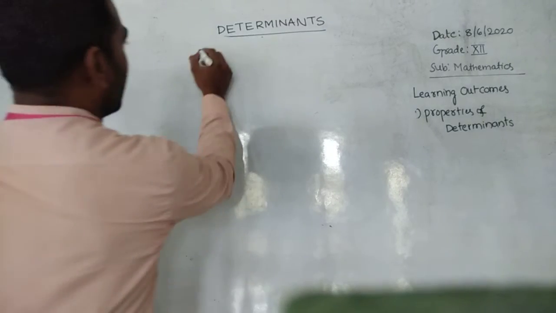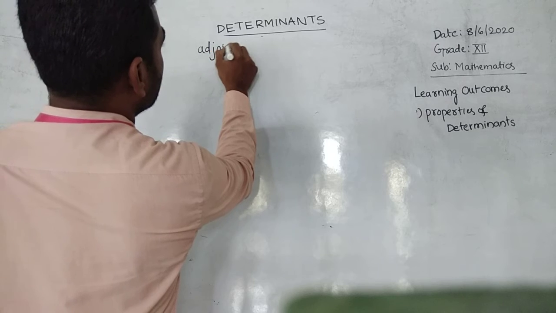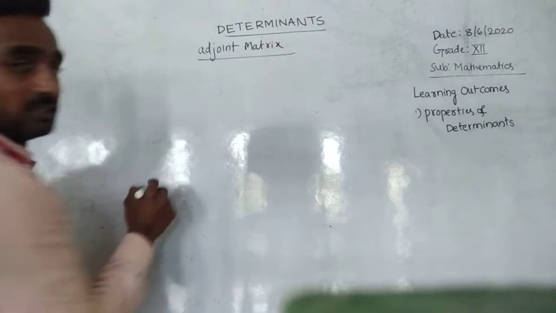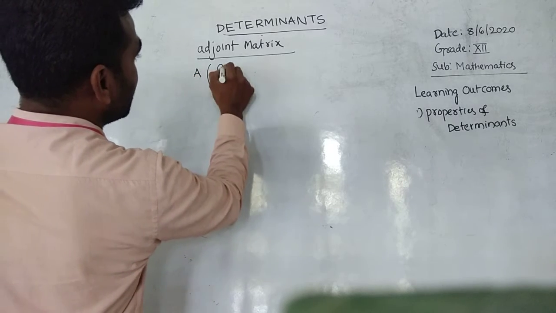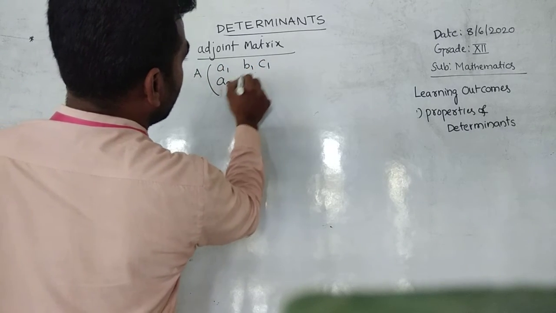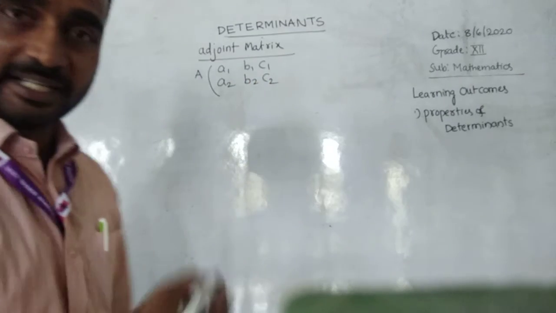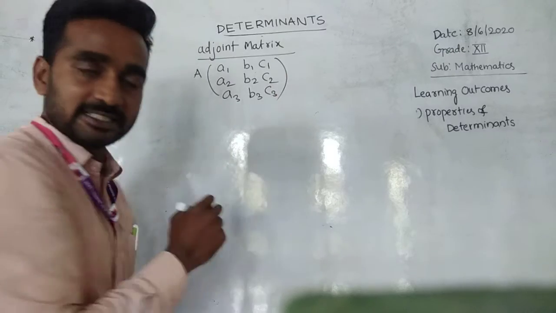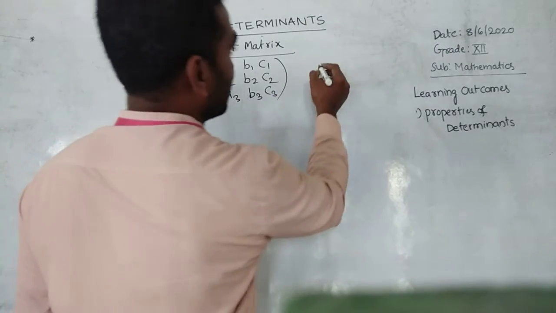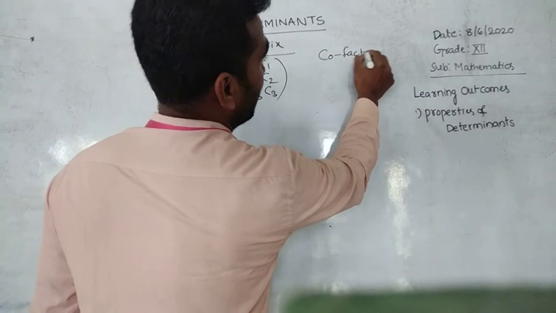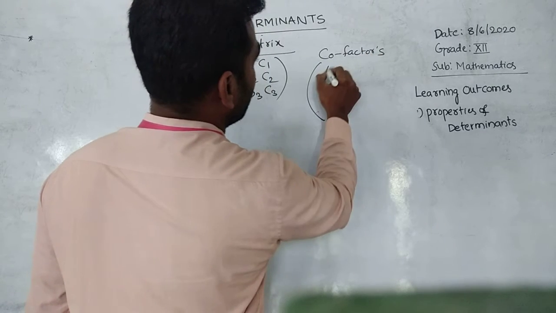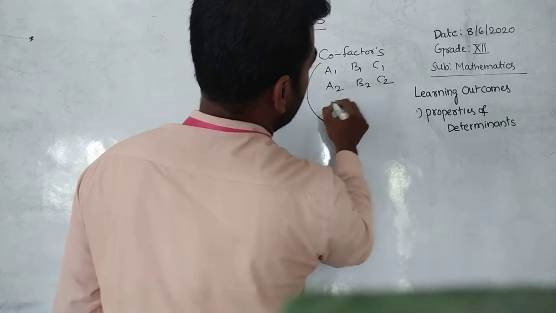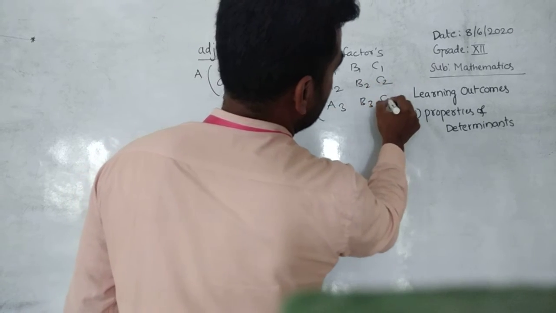See next, the adjoint matrix. Here, let one matrix A be A1, B1, C1, A2, B2, C2, and A3, B3, C3. This is the given matrix and its cofactors matrix is A1, B1, C1, A2, B2, C2, A3, B3, C3.